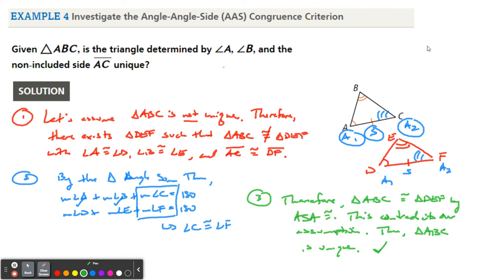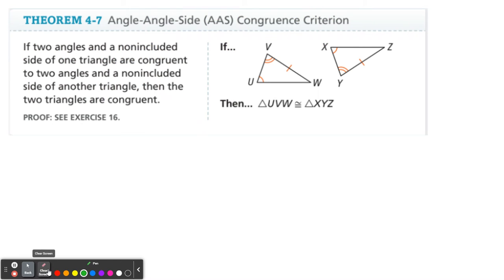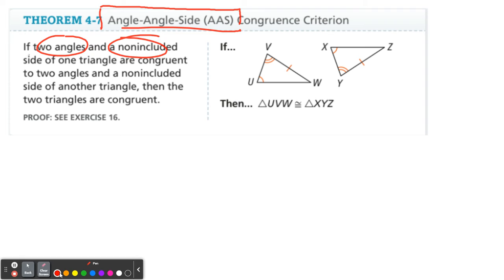So this should establish angle side as another viable way to prove triangles congruent. So if we take a look here, here is the official theorem. Angle, angle, side congruence, AAS. If two angles and a non-included side of one triangle are congruent to two angles and the corresponding non-included side of another triangle, then the two triangles are congruent.